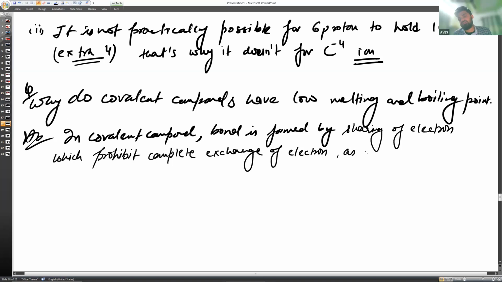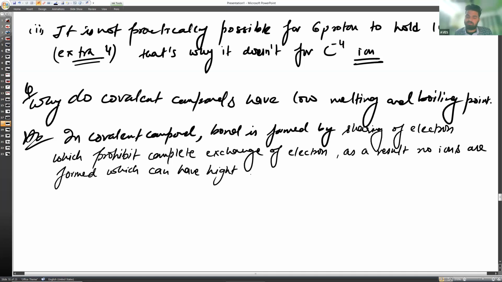As a result, no ions are formed. Electrostatic force of attraction in ionic compounds.